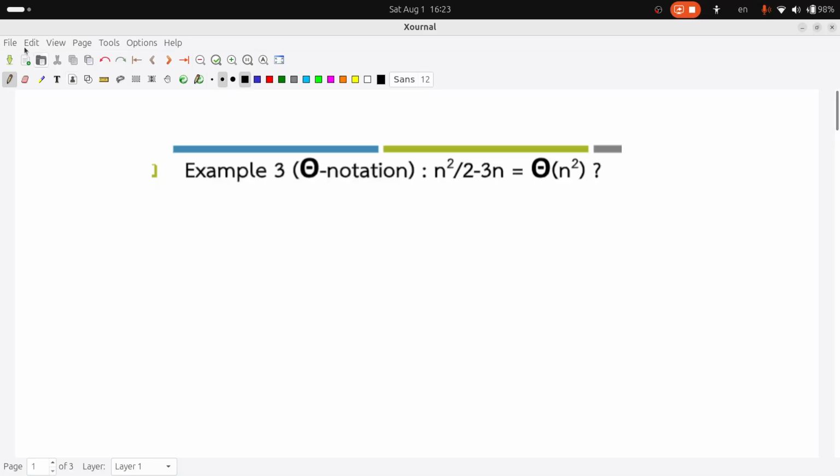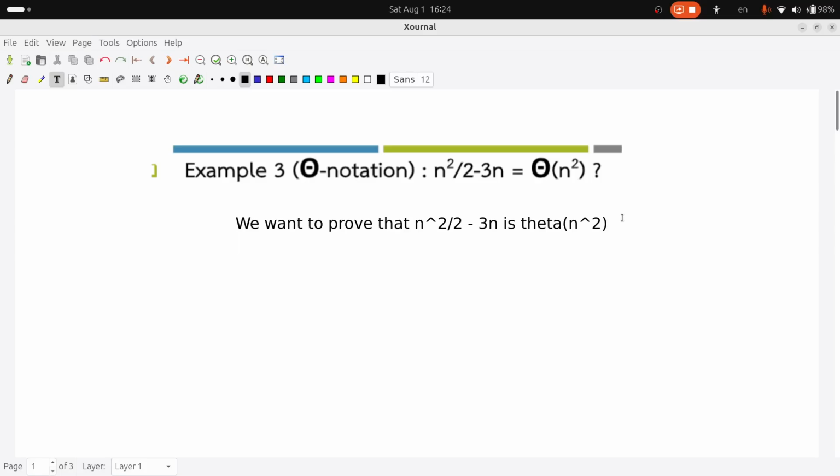For the first one, we are going to write that we want to prove that n squared divided by 2 minus 3 multiplied by n is theta of n squared. On the first line, we initialize the functions f(n) and g(n).